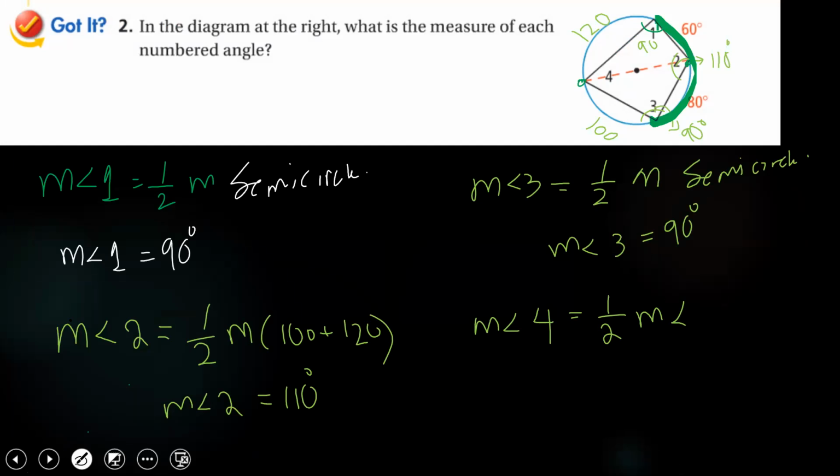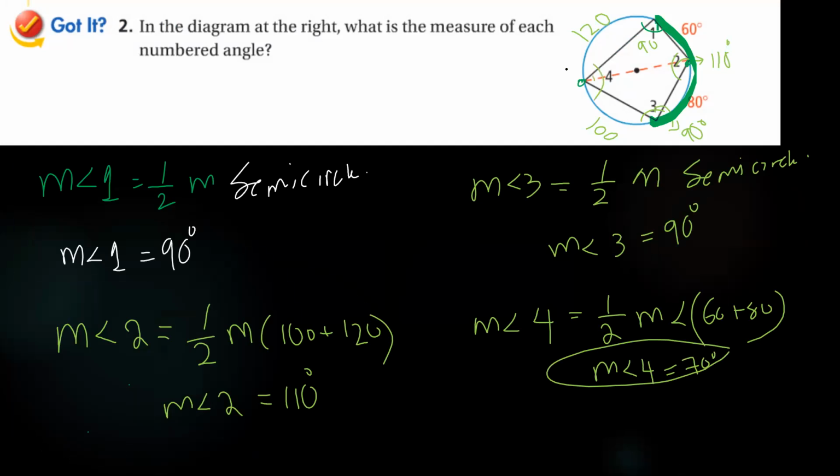So 60 plus 80 is 140, so the measure of angle 4 will be 70 degrees. And if we want to check, we can add them all, and they must equal 360.